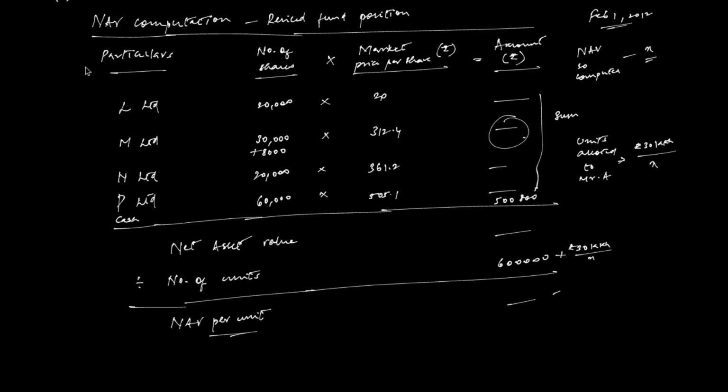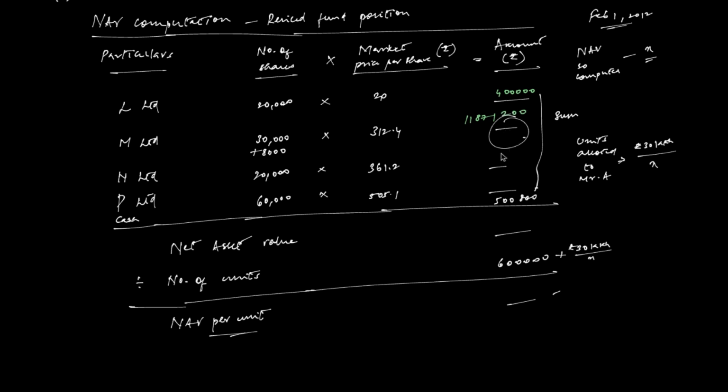Now let's see the second bit. We need to find out the revised fund position. Okay. So again, 20,000 into 20, that is 4 lakh. Then 30 plus 8, that is 38,000 into 312.4, that is 11,871,200.